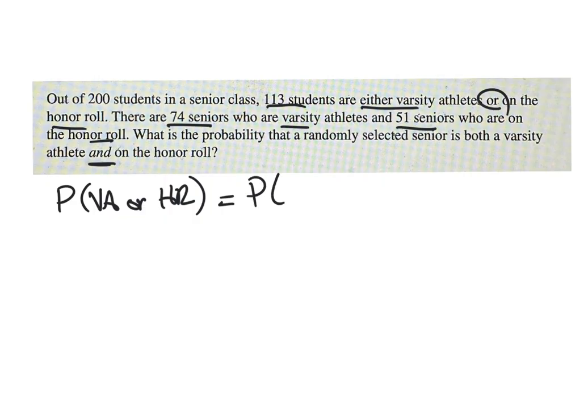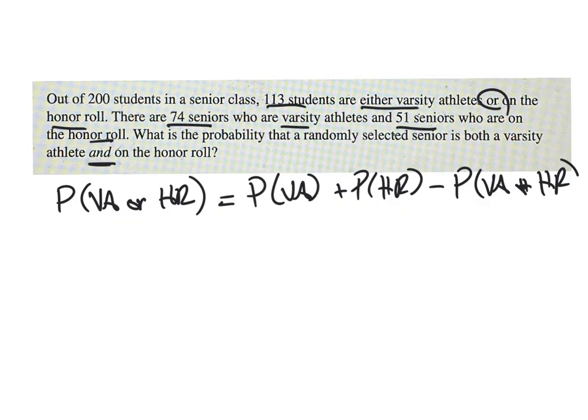That would be probability of varsity athlete plus probability of honor roll. I'm just using the formula we've used all day on the video, minus probability of both. Now, I should put and. And, that's an and. So what I know is, I know this answer already because they told me 113 are either or.